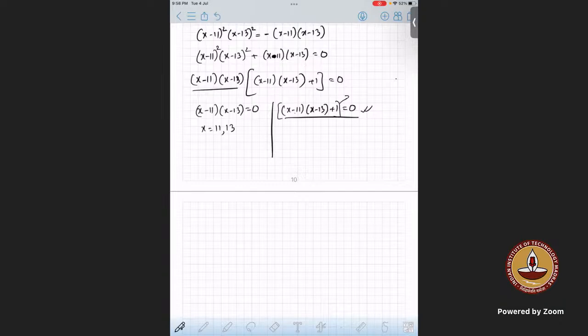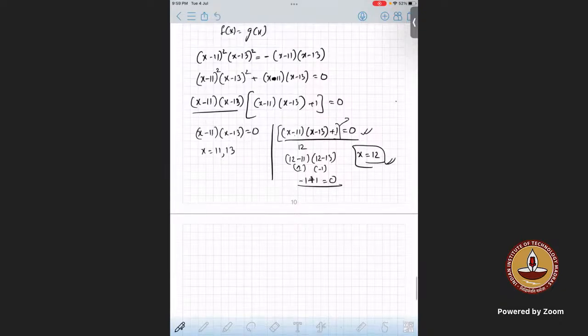There is 12 and there is 13 and there is 1. So let us take 12, substitute 12: 12 minus 11 into 12 minus 13, 1 into minus 1, minus 1 plus 1. So it is 0. So x equal to 12 is the other root.